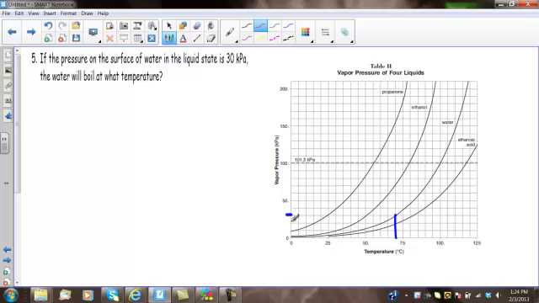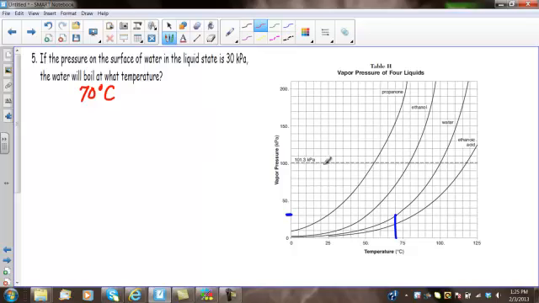So this is 10, 20, 30. And I go across to where it hits the water curve, and then I can go down and read that temperature. So when I decrease the pressure to 30 kPa, water will boil at 70 degrees.